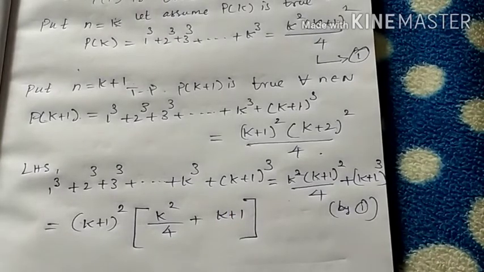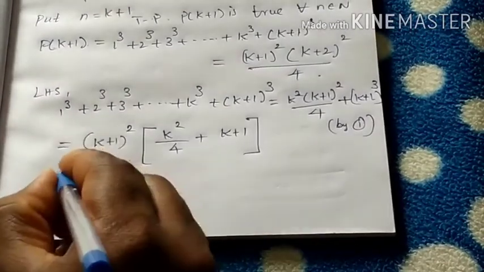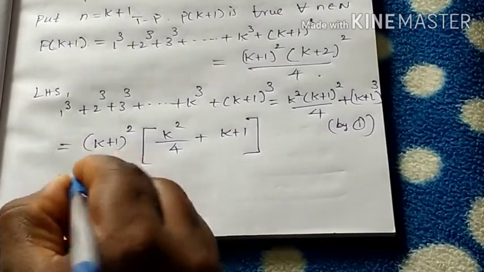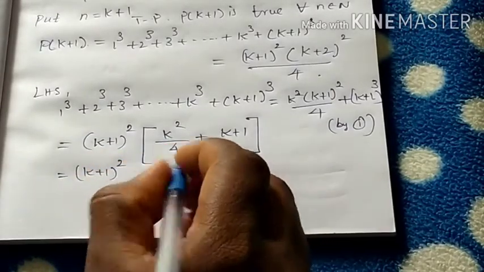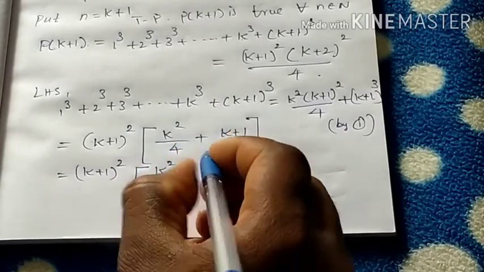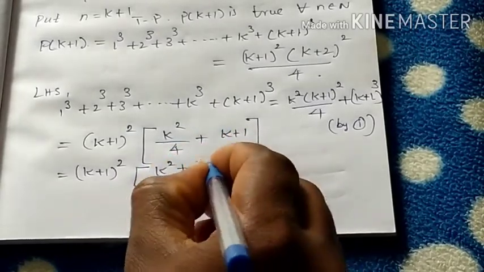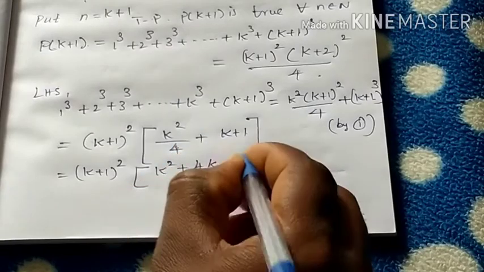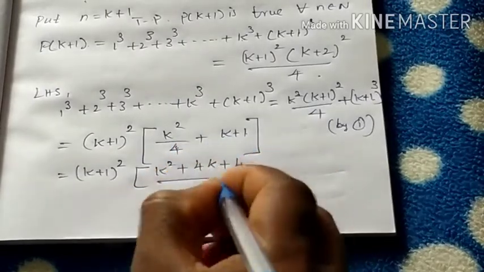Have you understood this? It is equal to (k plus 1) the whole squared times (k squared plus 4 into (k plus 1)) divided by 4, that is 4k plus 4.